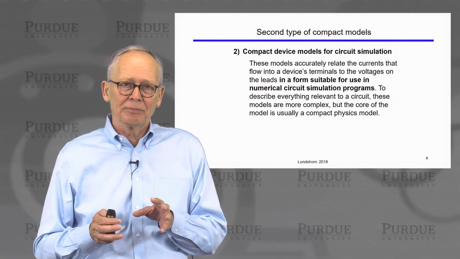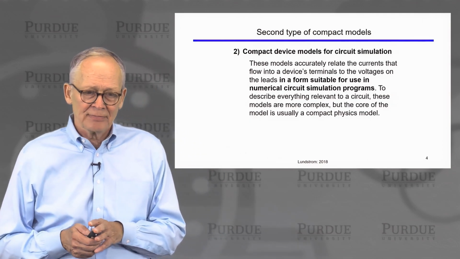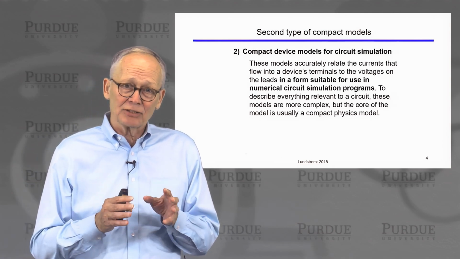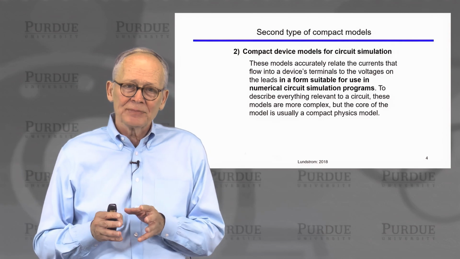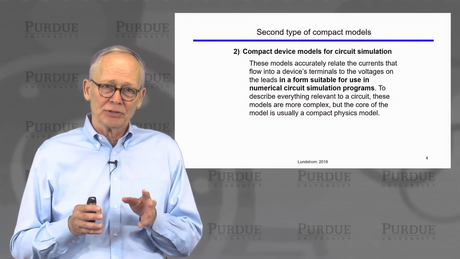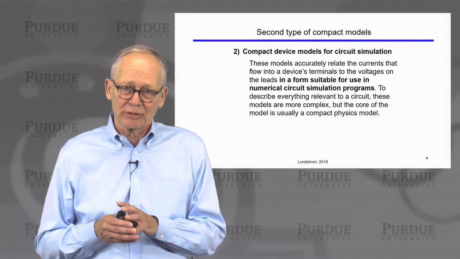But there are also these compact models for circuit simulation. So these models accurately describe the IV characteristics of transistors, but they do so in a form that is suitable for use in these numerical simulation programs.